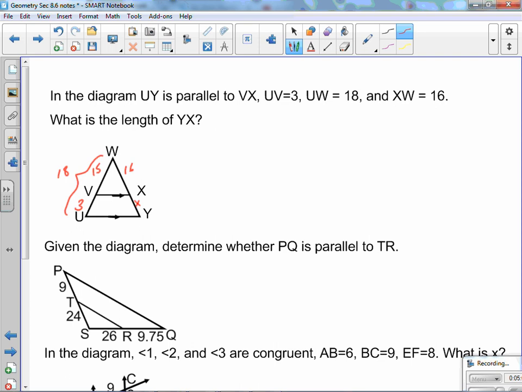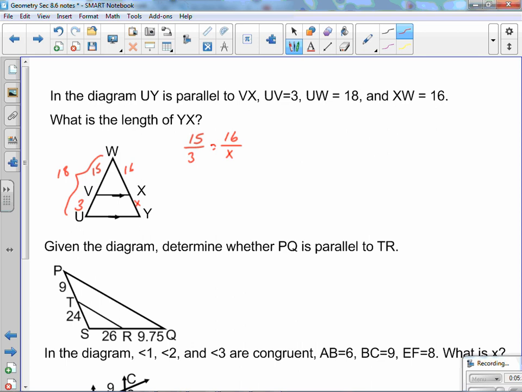And so since those two lines are parallel, VX and UY, then that means that WV over VU, 15 over 3, is going to need to be equal to WX over the XY length, which the XY length is what we're trying to solve for. So that's x.